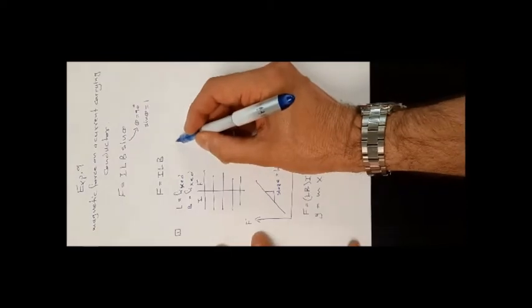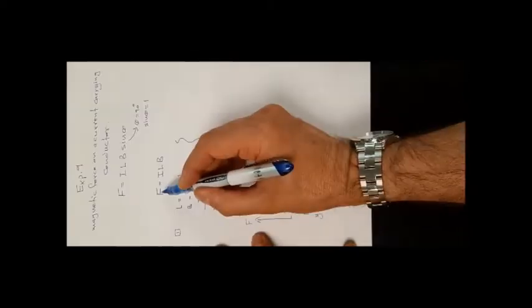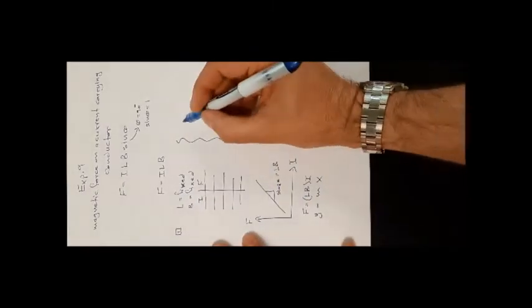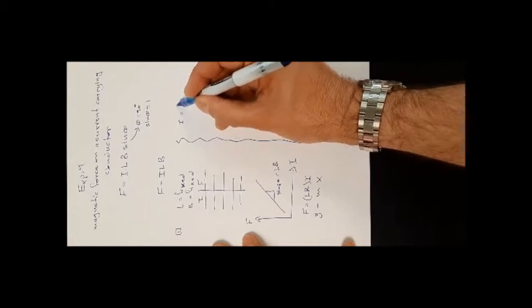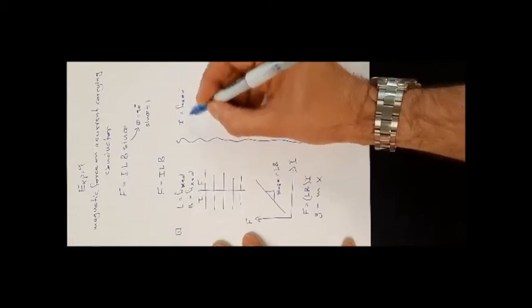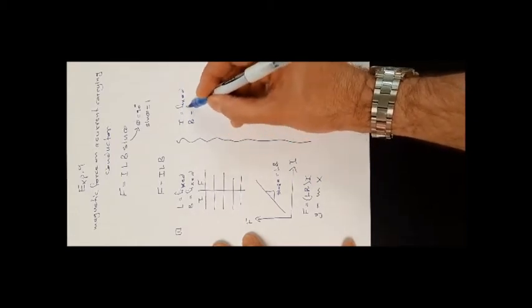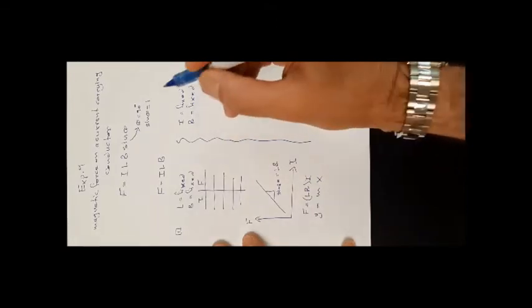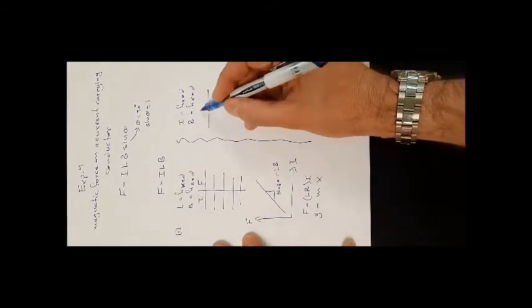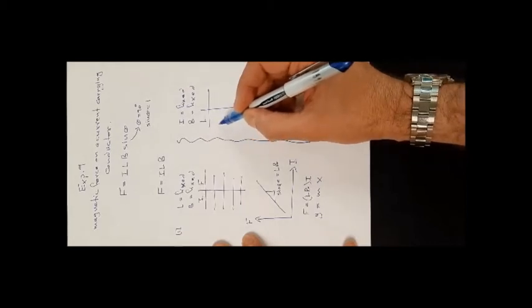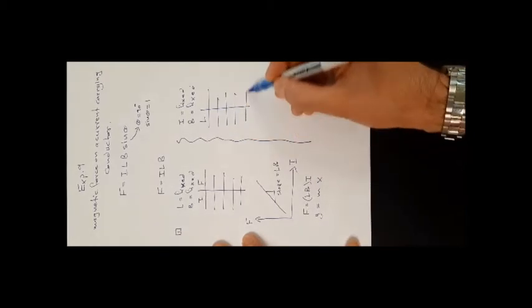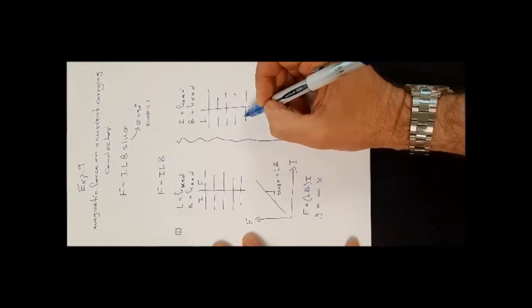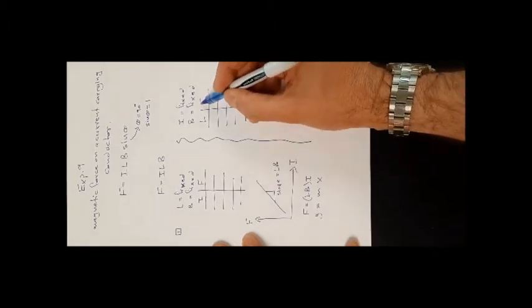Now in the second part of this experiment, we will investigate the relation between the force and the length of the wire. So we will use a fixed value of the current and a fixed value of the magnetic field. Then we will use different wires of several lengths, and for each length we will measure the force.